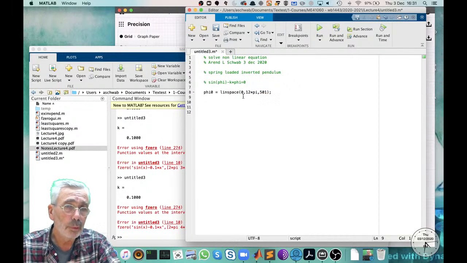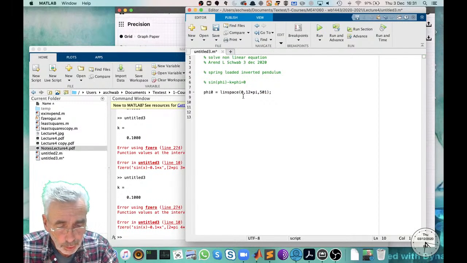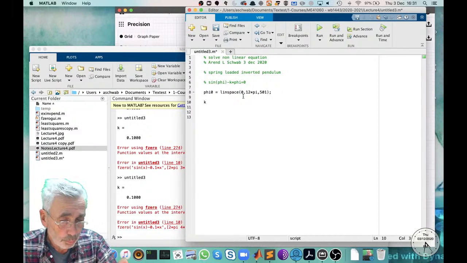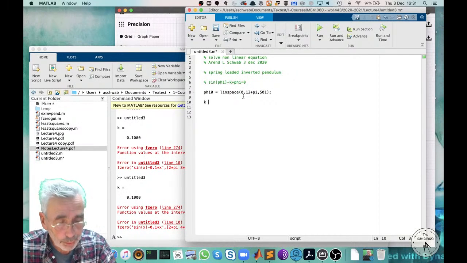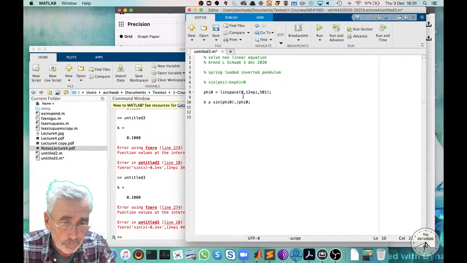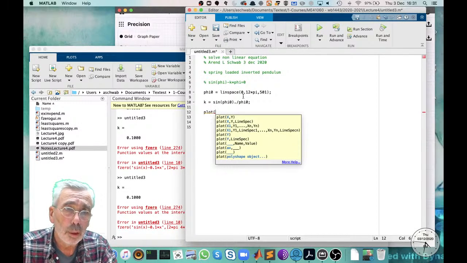So we now have a nicely equally spaced phi, and then we're going to calculate our k values, the spring stiffness value which goes by that equilibrium angle, and that is simply sine phi 0 divided by phi. Oh, we will have to do a point divided because we want to do element by element, and then we're going to plot as a function of these variable k's.